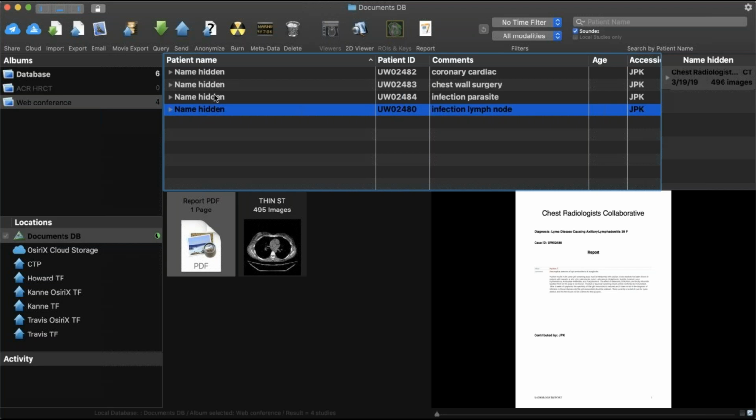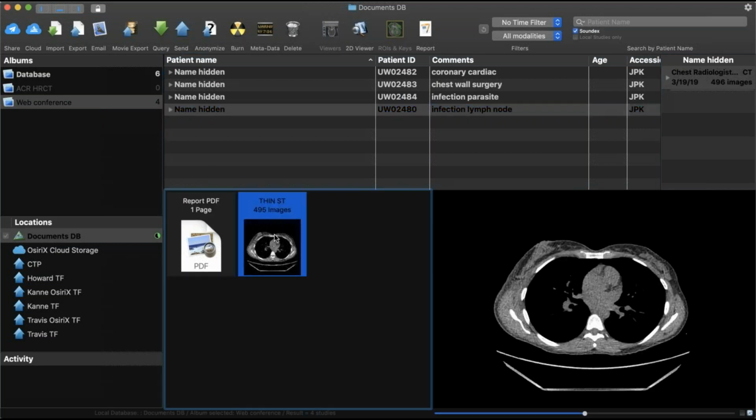Okay, so let me start with this case. This is something I've never seen a CT of before, but something we have a lot of here in Wisconsin. This is a 39-year-old female who presented with, she said, a spider bite on her arm and developed some sort of swelling around it.